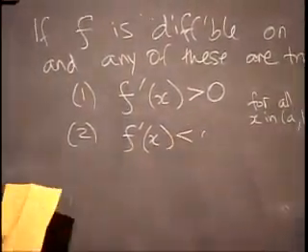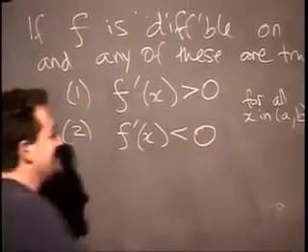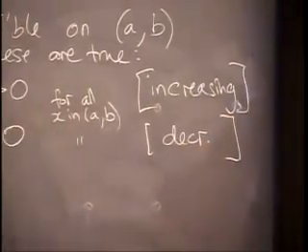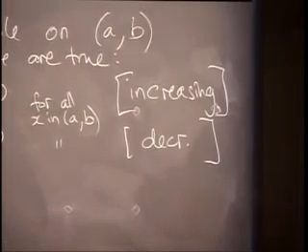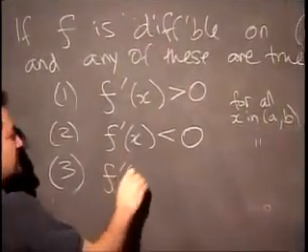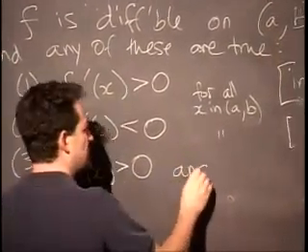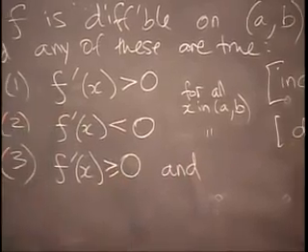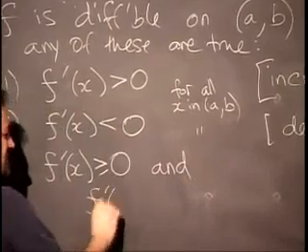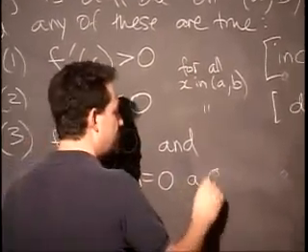Another possibility, let's see, is this the same order as before? Yes, I want to be consistent. If it's always decreasing. Another possibility that's good, and it's a little more complicated, is if it's always increasing and maybe equal to 0 somewhere, but it's only equal to 0 a few times, a finite number of times.